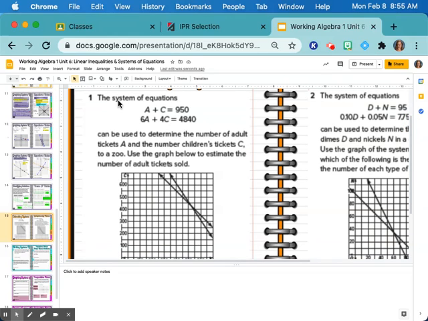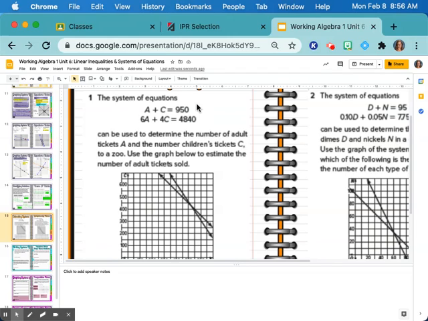So we're going to look at the first one. The system of equations a plus c equals 950, and then 6a plus 4c equals 4,840 can be used to determine the number of adult tickets A and the number of children tickets C to a zoo. Use the graph below to estimate the number of adult tickets sold.